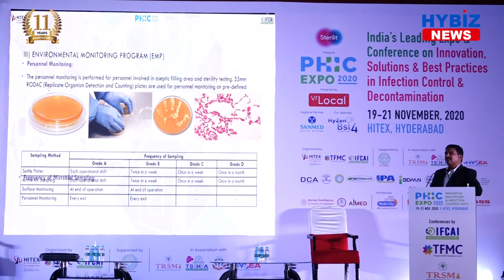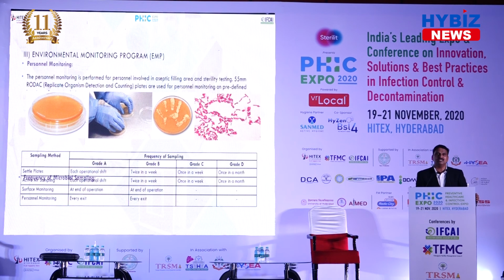One more monitoring method is personal monitoring by the RODAC plate method, wherein the garments, the gowning, including the gloves, of the personnel who have worked in the environment will be monitored by RODAC plates. And these RODAC plates are of 55 mm size.